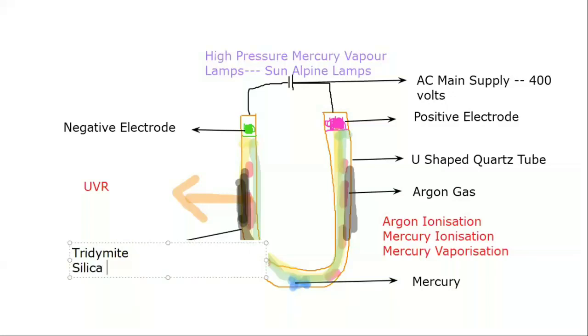This is a silica-like coating. Yes, some of the quartz changes to another form of silica, which is opaque. तो धीरे धीरे जैसे जैसे यूवीआर बनता जाएगा, वैसे वैसे वो क्वार्ट्ज के साथ रिएक्ट करता जाएगा and it will produce silica which is opaque.